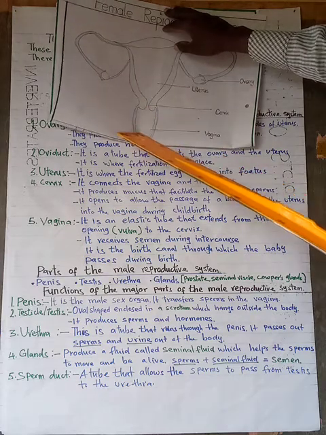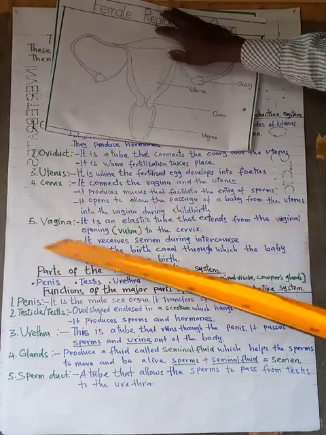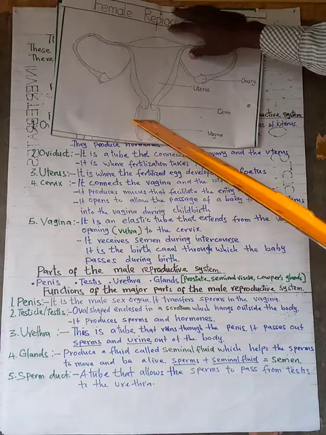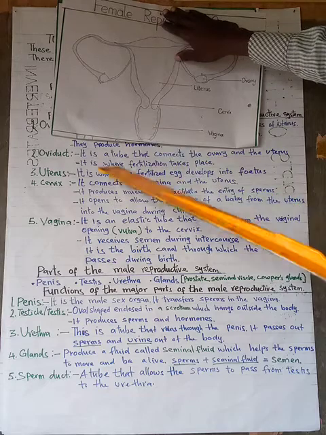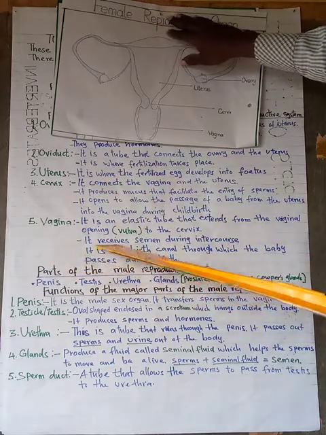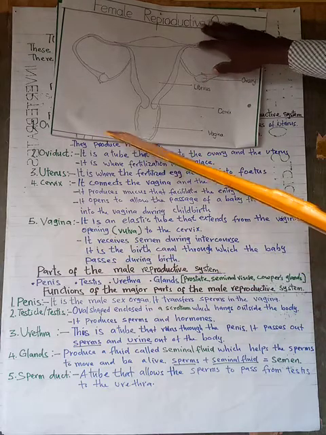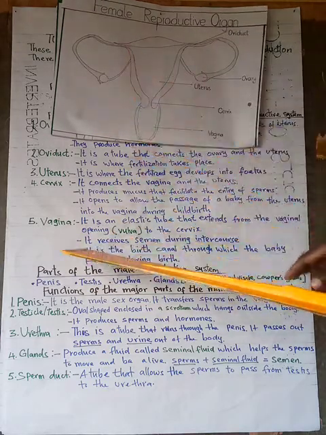So here is the vagina, and it receives sperms during intercourse. This is where the sperms are deposited during intercourse. It is also the birth canal through which the baby passes during birth.